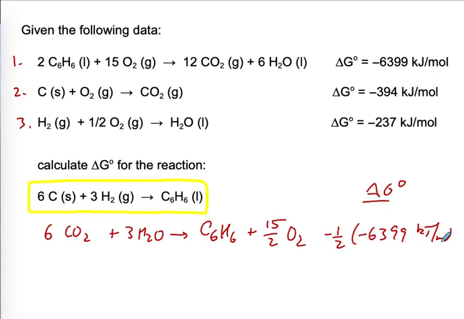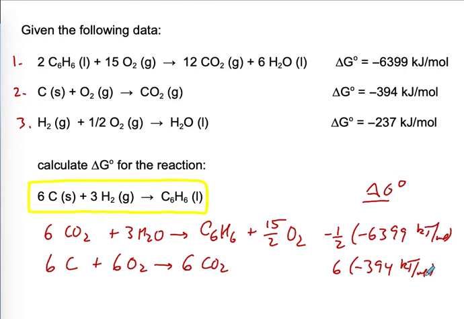To get 6 moles of carbon on the reactant side, I'll take equation number 2 and multiply it by 6. 6 carbon plus 6 oxygen forms 6 carbon dioxide. Delta G for that will be 6 times the standard free energy of formation of carbon dioxide, negative 394 kilojoules per mole.